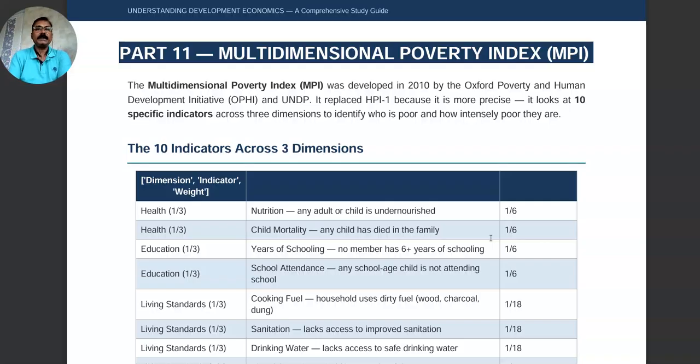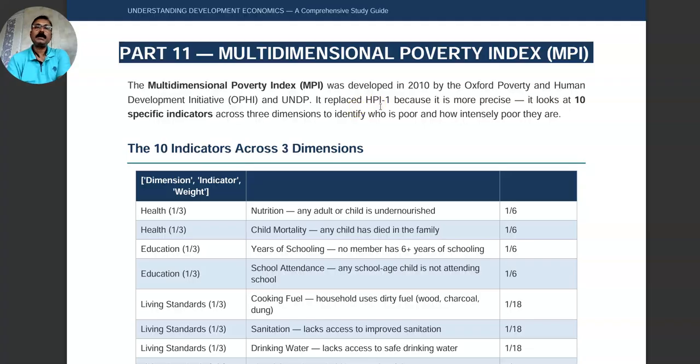Today I'm going to explain the multidimensional poverty index, MPI, and I'll show in Excel how this index can be calculated. The MPI was developed in 2010 by the Oxford Poverty and Human Development Initiative, OPHI, and the United Nations Development Program.